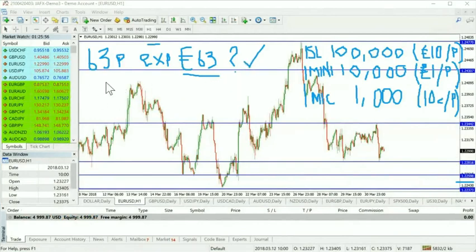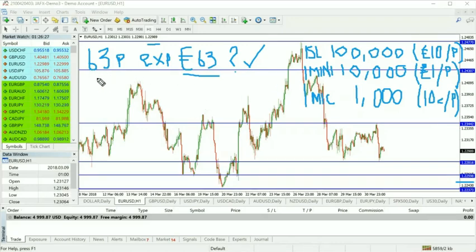Now, let's say we could take 3 individual trades, but we decide to increase our risk on some of those. So let's at least double our risk on these particular trades. So we have a 63 pip exposure. We decided to take 3 of these trades. But what we've done is we've doubled. Instead of trading 1 mini lot, we're actually trading 2 mini lots.